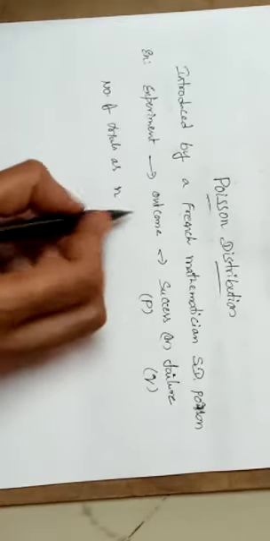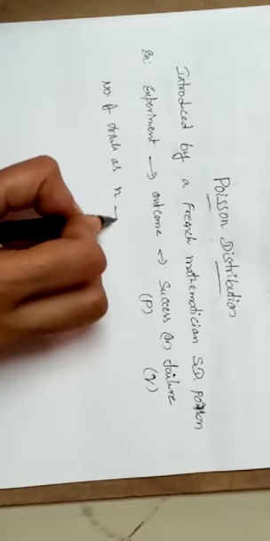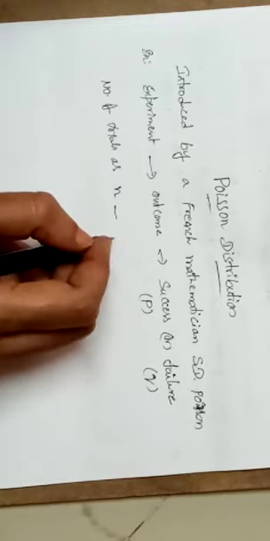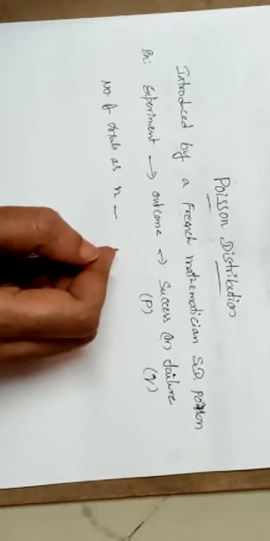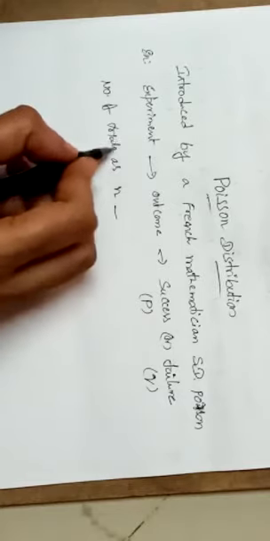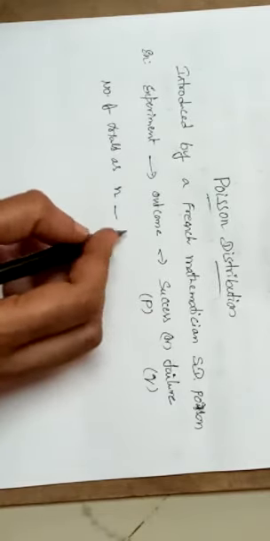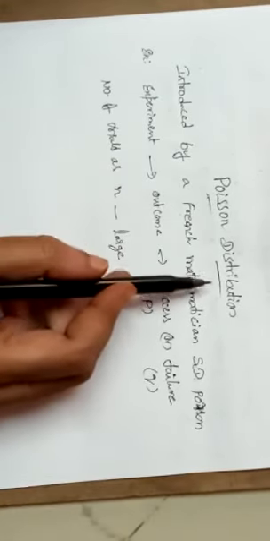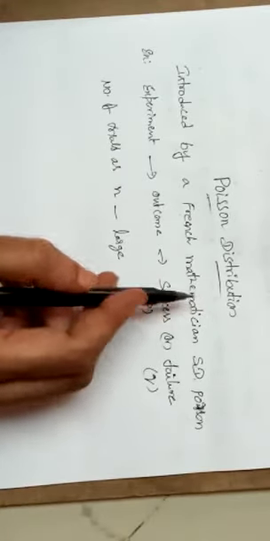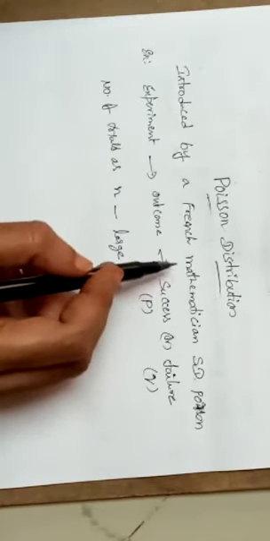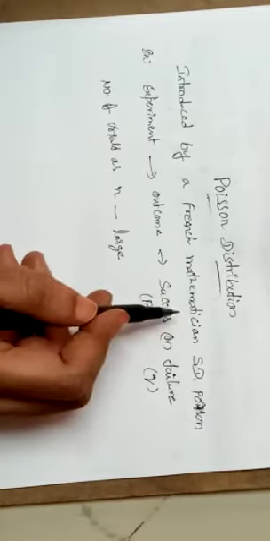Whenever you take the number of trials as n, and that number is small, then it comes under binomial distribution, which we discussed in the previous class. Whenever the number of trials is large, then it is considered for Poisson distribution. This is the small difference between binomial and Poisson distribution.